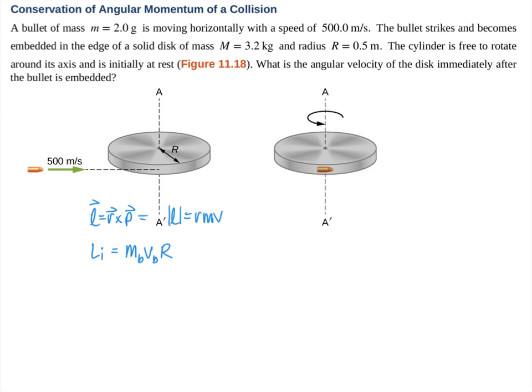After this, it looks a little different. It's the moment of inertia of the disc plus the moment of inertia of the bullet times omega final.